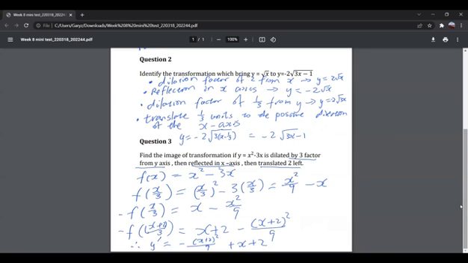And remember, as I said before, any dilation from the y-axis uses the reciprocal. Therefore, instead of f of x, we have f of x on 3. So we change every x we see in f of x into x on 3, which gives x squared on 9 minus x. And there is a reflection in the x-axis. Therefore, we just add a negative to the front, and we get x minus x squared on 9.